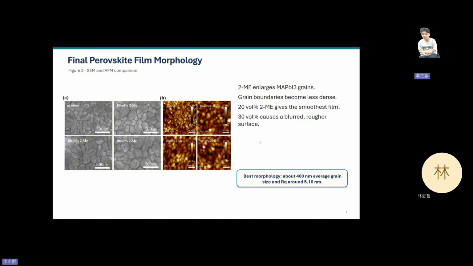And the surface is also smoother, with a roughness of about 5.16 nanometers. However, when the amount of 2-ME increased to 30 volume percent, the surface becomes more blurry and rougher. So too much 2-ME is not good. From these results, we can say that 2-ME can improve the morphology of the perovskite film, but the amount must be appropriate.